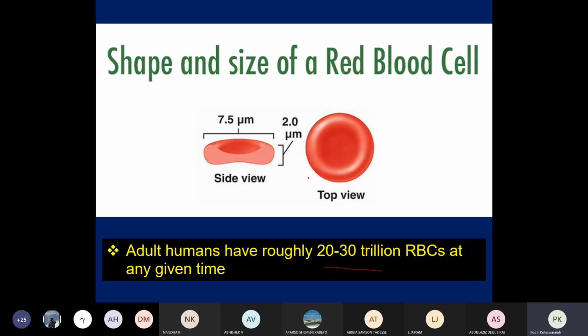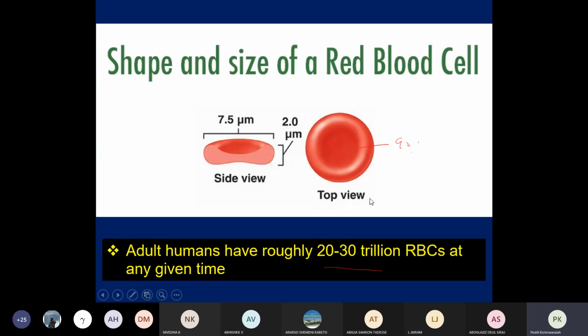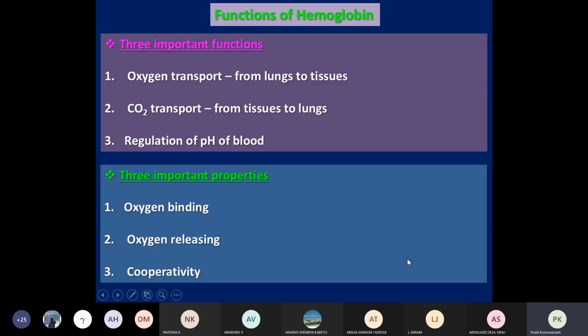So 90% of the weight of the red blood cell is constituted with the hemoglobin, and each red blood cell has 270 million hemoglobin molecules, and adult humans have roughly 20 to 30 trillion red blood cells at any given time.